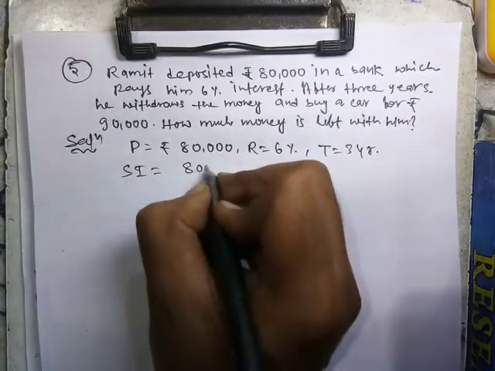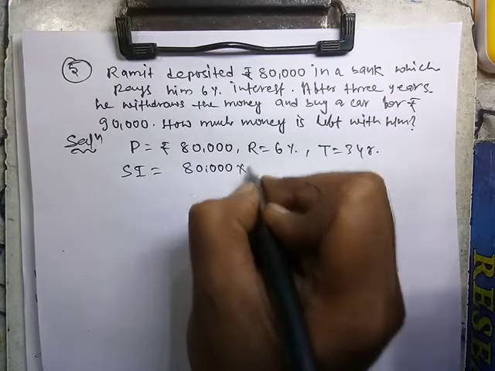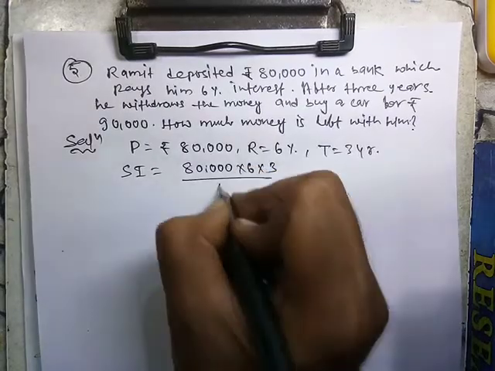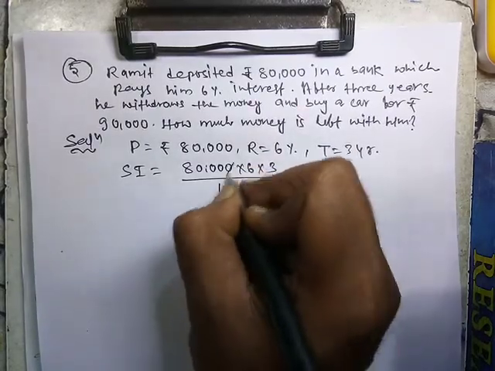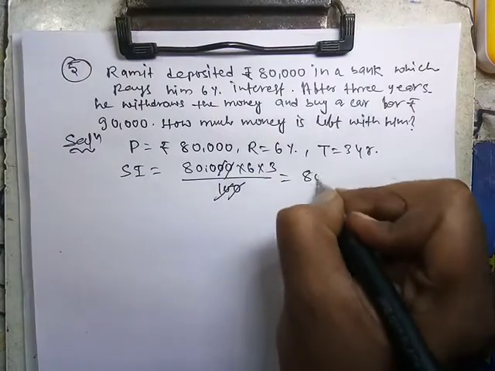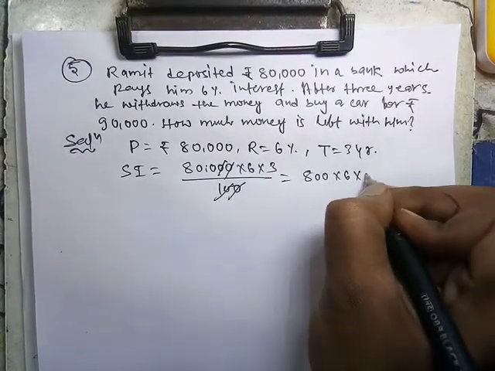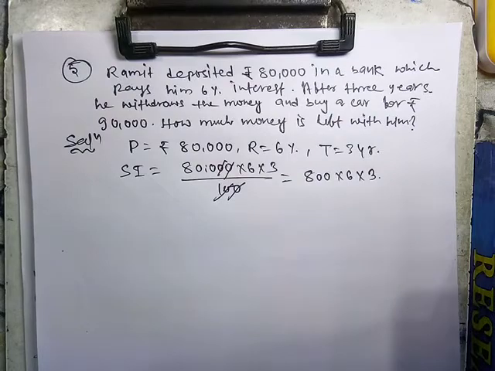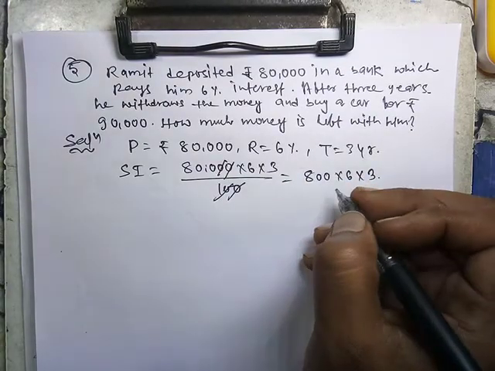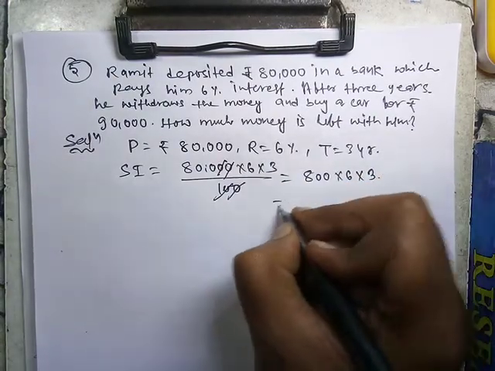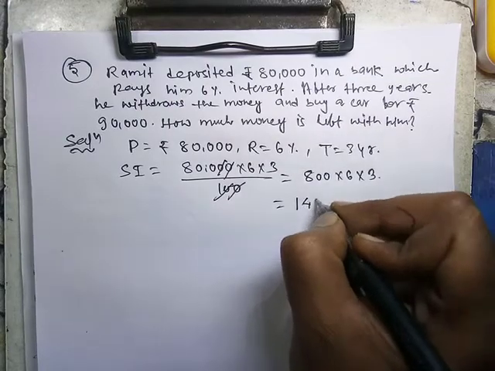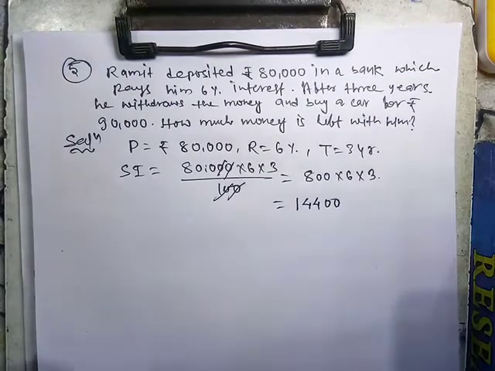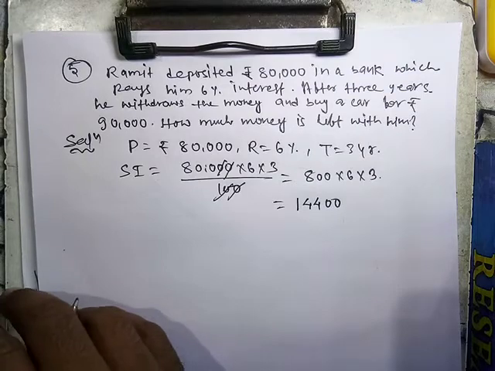P into R into T, that is 80,000 into 6 into 3 by 100. We get, cancel 2 zeros, then we get 800 into 6 into 3. It means multiplying 800 into 6 into 3, that is 14,400.